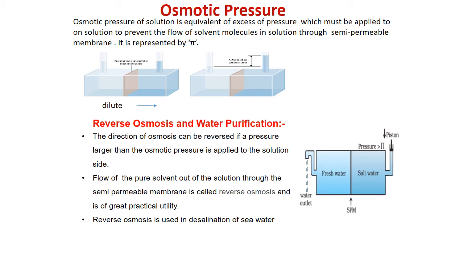If more pressure than osmotic pressure is applied on the solution, the solvent molecules will start moving to the solvent side, and it is used for getting salt from sea water. That is known as desalination of sea water.